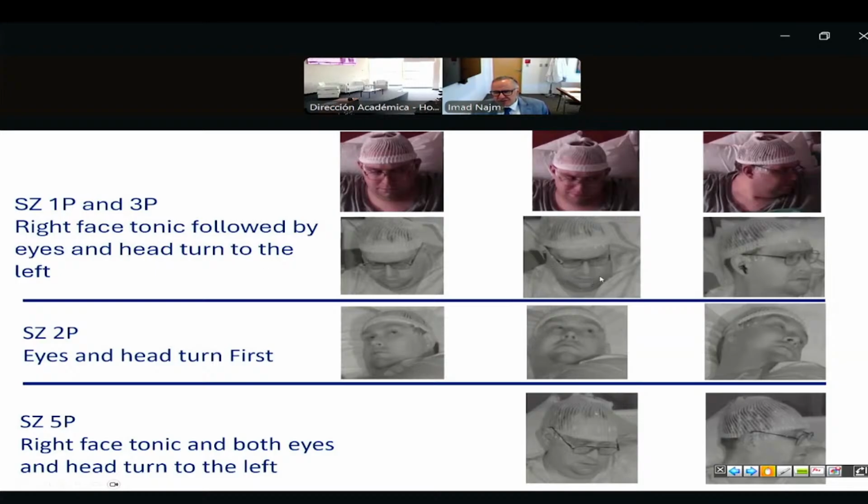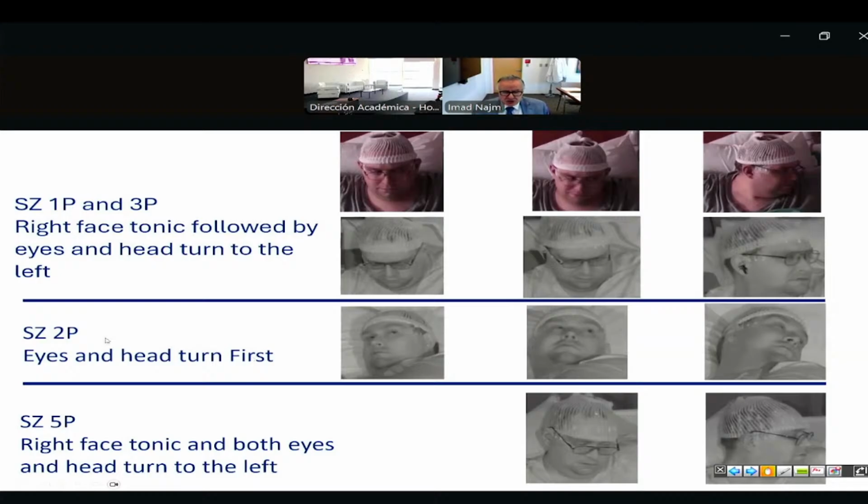You see deviation of the face, pulling a little bit to the right side here, followed by eye and head turning, as you see in the third phase of the seizure. Mild right face pulling, followed by left head non-tonic deviation, and the eyes as well.